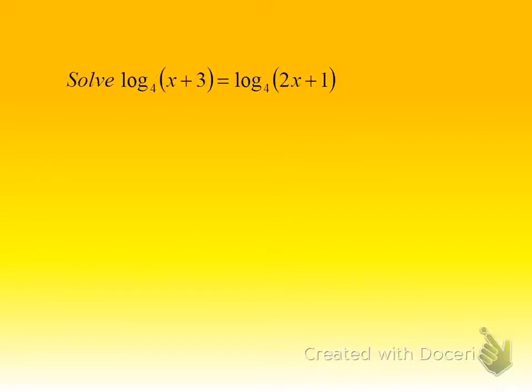Since you have log base 4s on both sides, you can use the property of logarithmic equality and cancel out the logs, which leaves you with x plus 3 equals 2x plus 1.